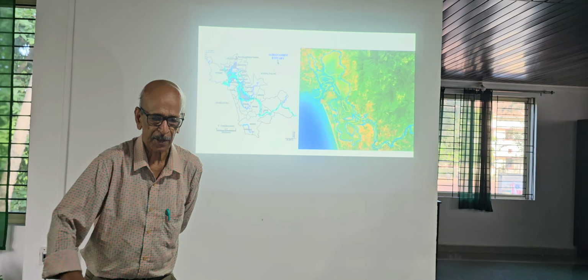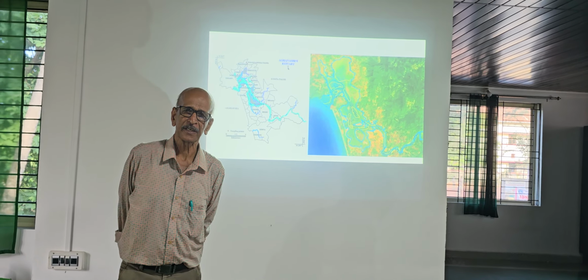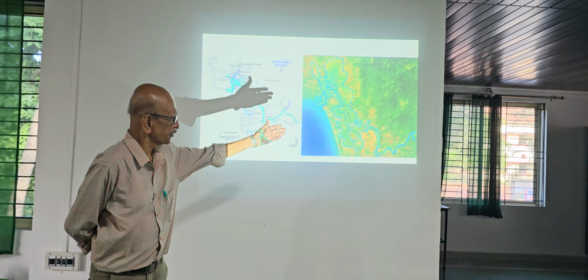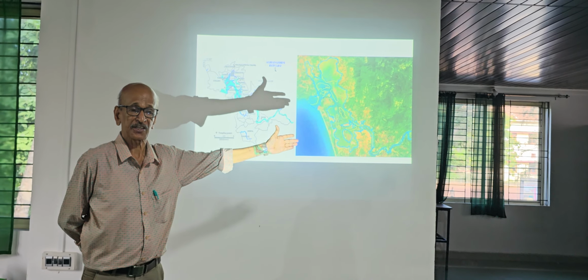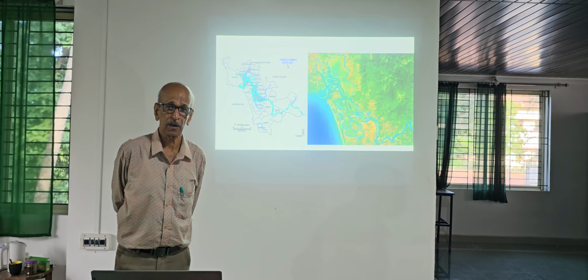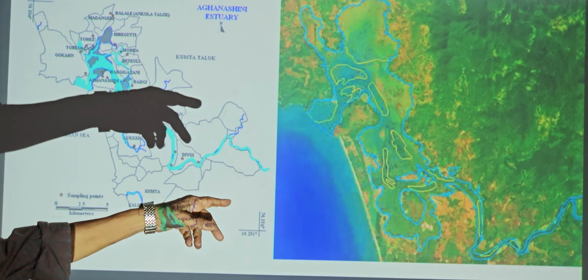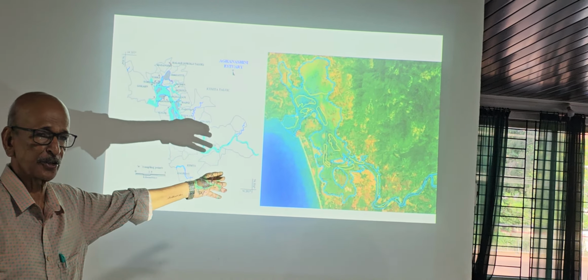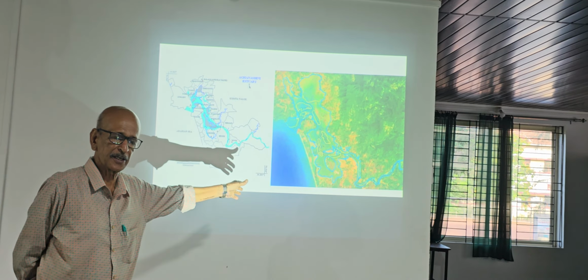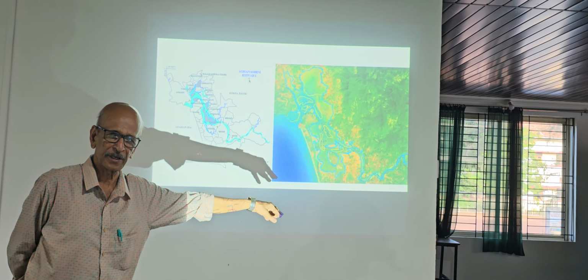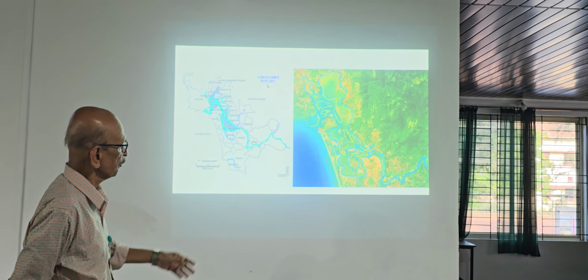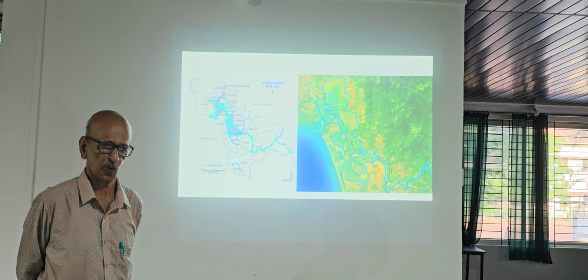Now, the Aghanashini river originates in the Western Ghats, one of the global biodiversity hotspots, and it flows westwards and joins the Arabian Sea, forming an estuary which is quite a vast one.